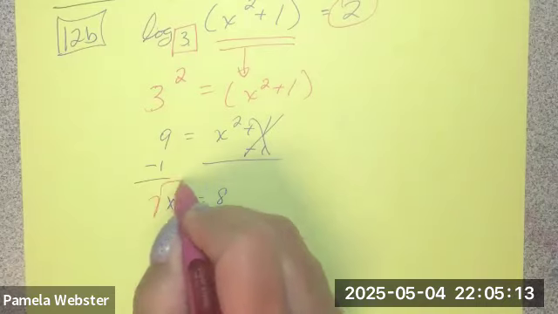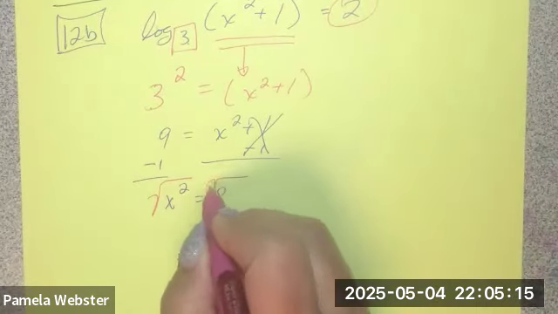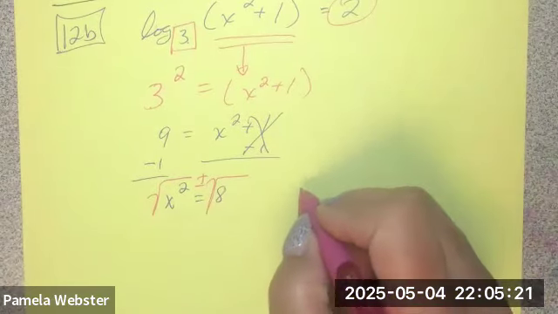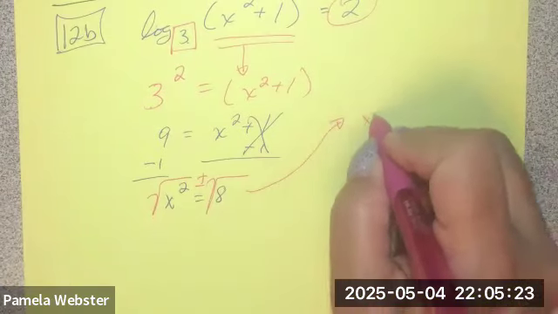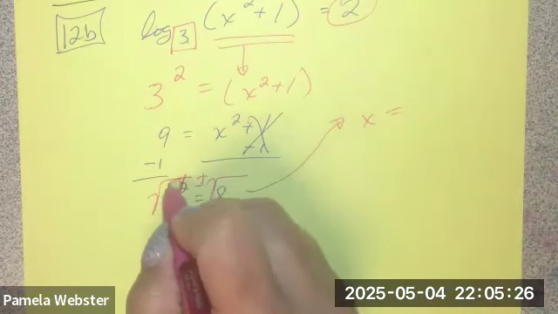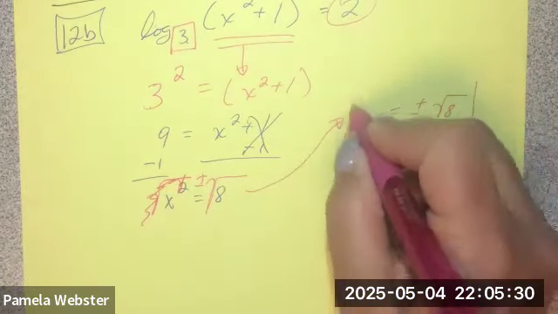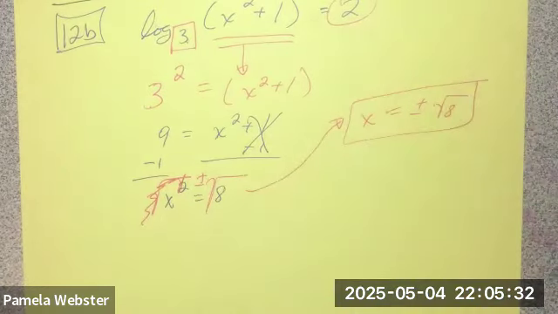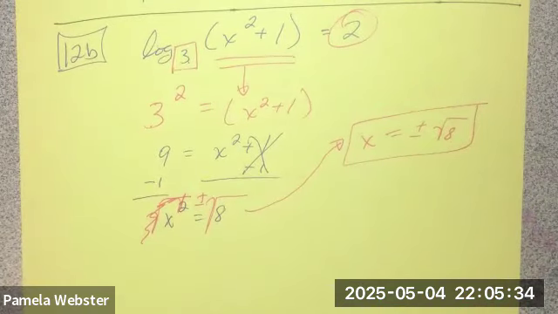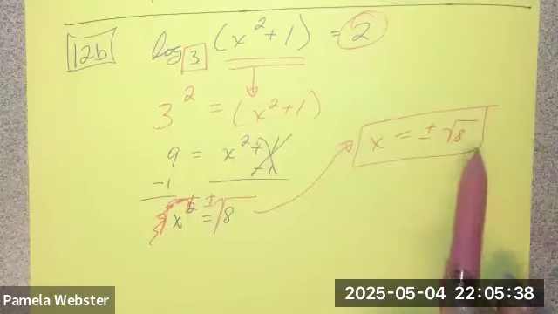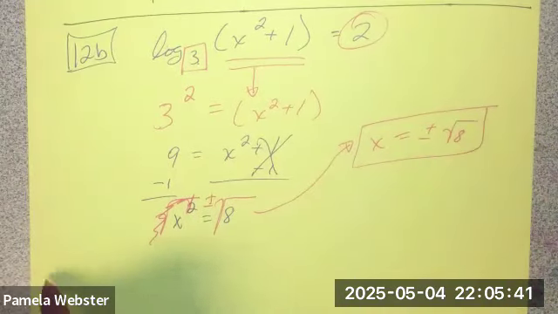X squared, I want that just to be an x. Whenever I do that, I do it to the right-hand side. Don't forget your plus or minus. Oh, pluses or minuses. So I'm going to come over here. X equals, because those go away, plus or minus the square root of 8. And I say leave it alone. Oh, let's double check real quickly. Leave it alone as far as your value goes. You don't need a decimal or anything like that. Just leave square root of 8.